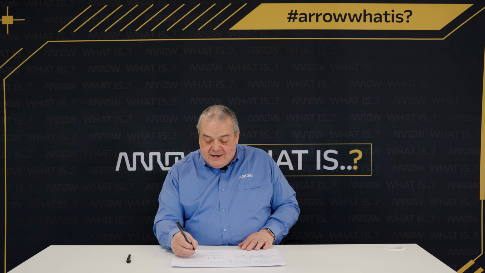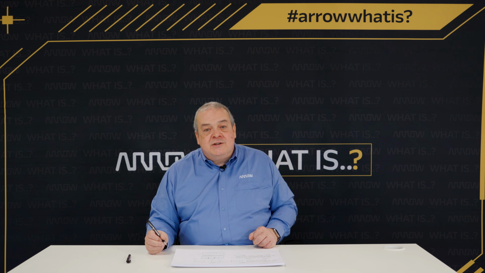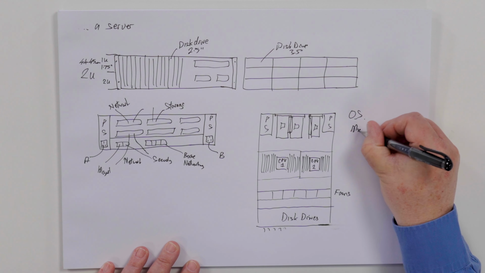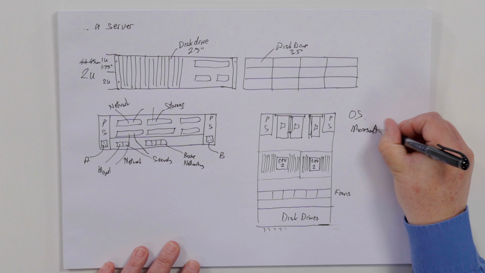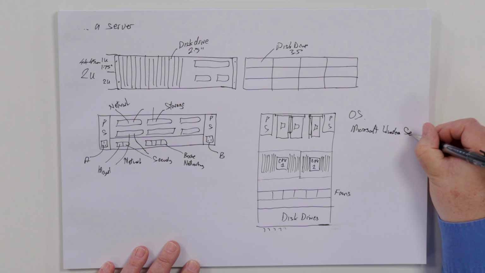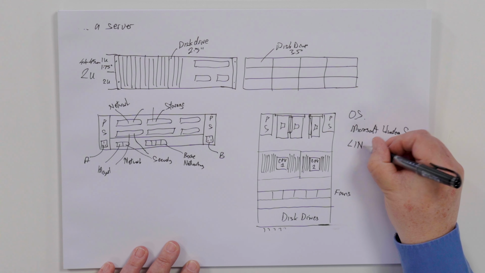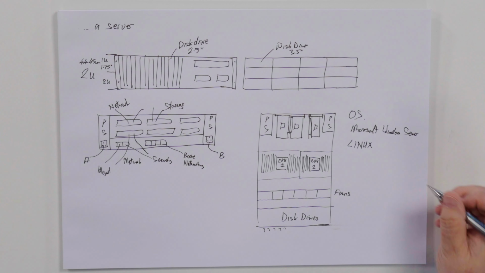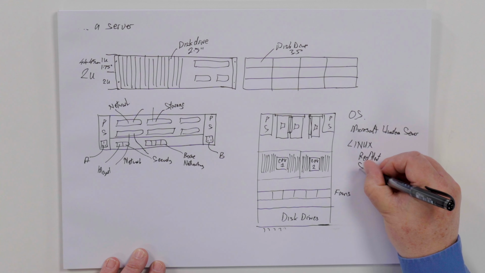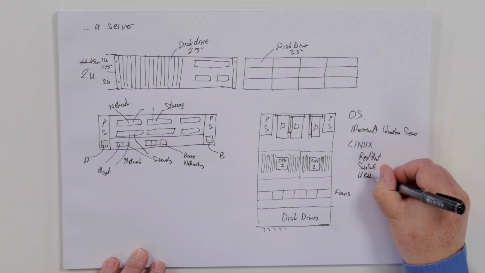But basically what you need to make all this operational is an operating system. So we have operating systems like Microsoft, we call it Windows Server. There's lots of operating system variants from Linux. We have people like Red Hat, SUSE, Ubuntu.